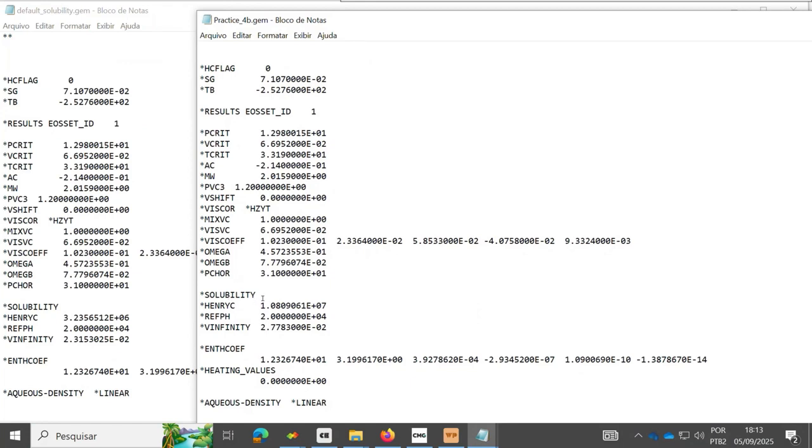Our conclusion shows that the Henry's constant obtained after the regression is one order of magnitude higher than the default Henry's constant. It highlights how relevant it is to perform this step. Otherwise, we would enhance the solubility artificially.